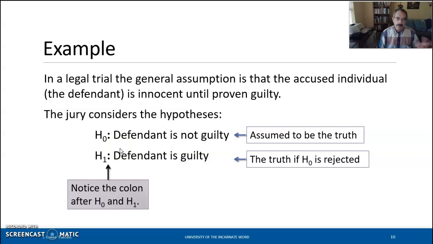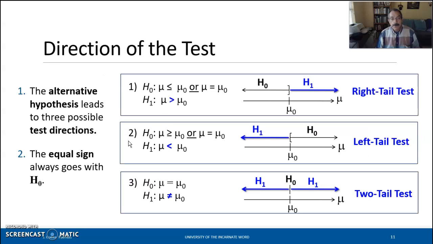So this is an example where you see the two mutually exclusive hypotheses. All right, another very important concept that is going to be very useful is that of the direction of the test. As I mentioned earlier, the alternative hypothesis determines the direction of the test.